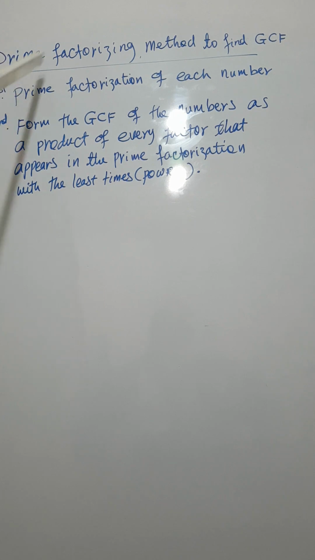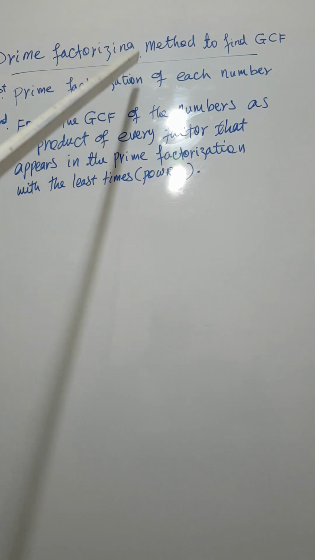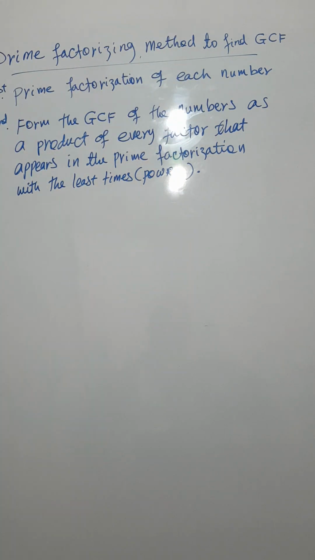In the prime factorizing method to find the GCF, the first step is prime factorization of each number, whether it's two or three numbers.